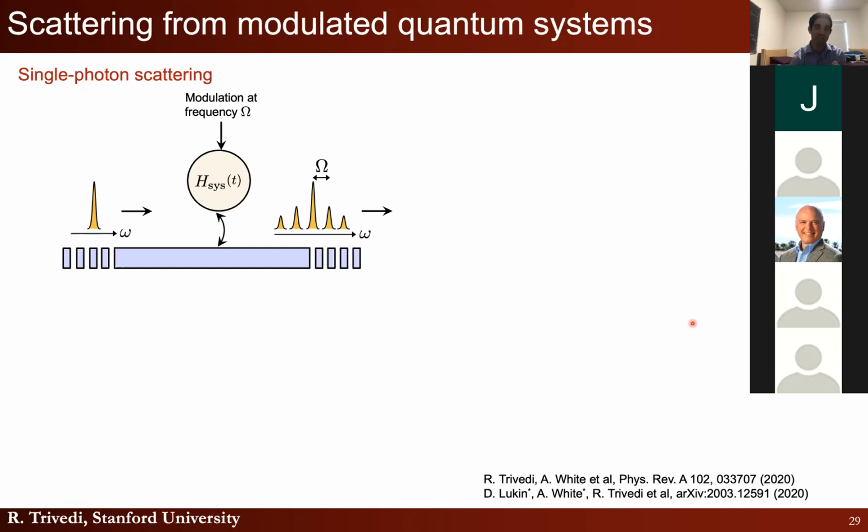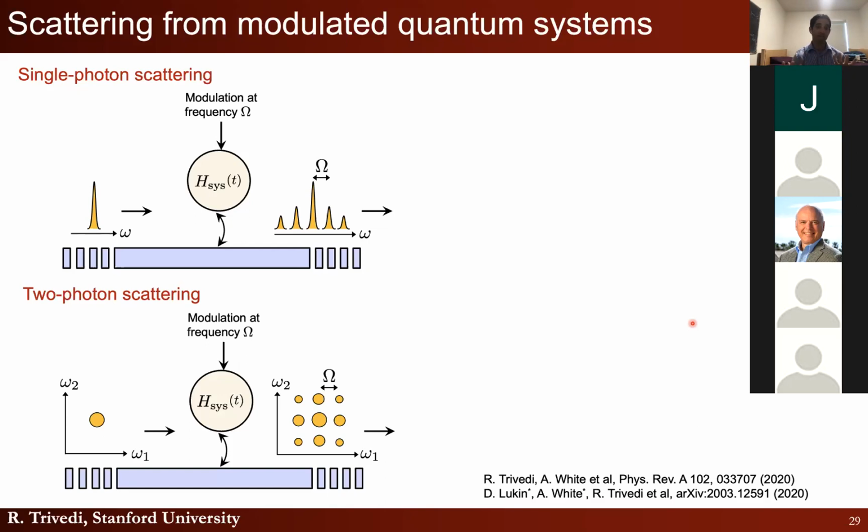And this is a very obvious result of the fact that your Hamiltonian is periodic. So your output state can have changes in frequency that are governed by the periodicity of your Hamiltonian. And you could control the relative contribution of these different frequencies by engineering the periodicity of your Hamiltonian.